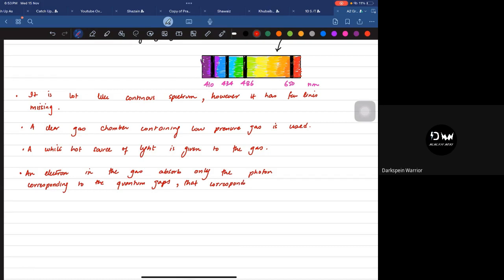That corresponds to the unique quantized levels within the gas, right?